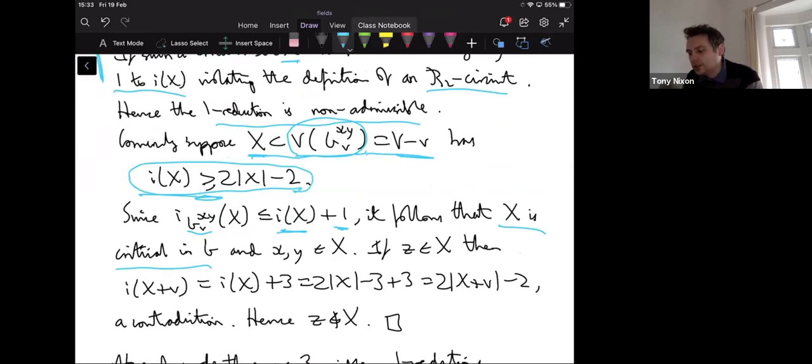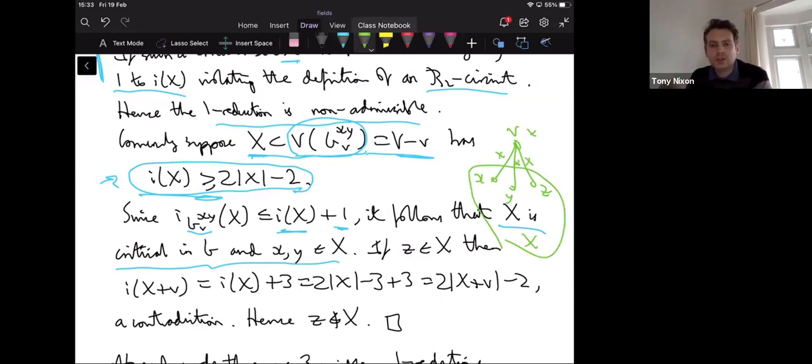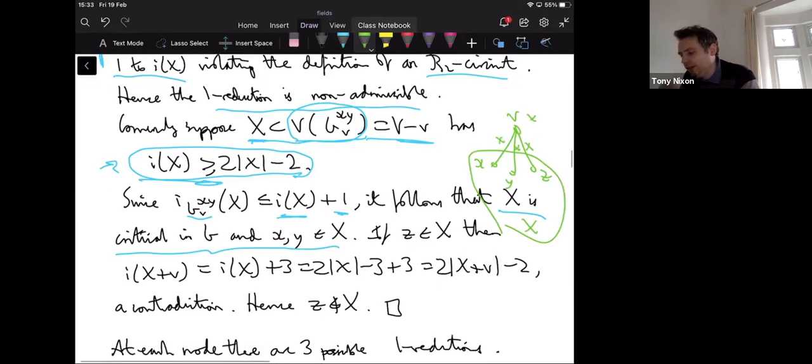And the set that violates is not a subset of G minus V, so the critical set in G must contain X and Y. So the only thing we're left to show is that Z is not in it. The point here is that we had this vertex V, and here's X and Y and Z. If Z is in the critical set, then you add V, and you add 1, 2, 3 edges, and you find a bad thing for your critical set, like we did in the Lemma case.